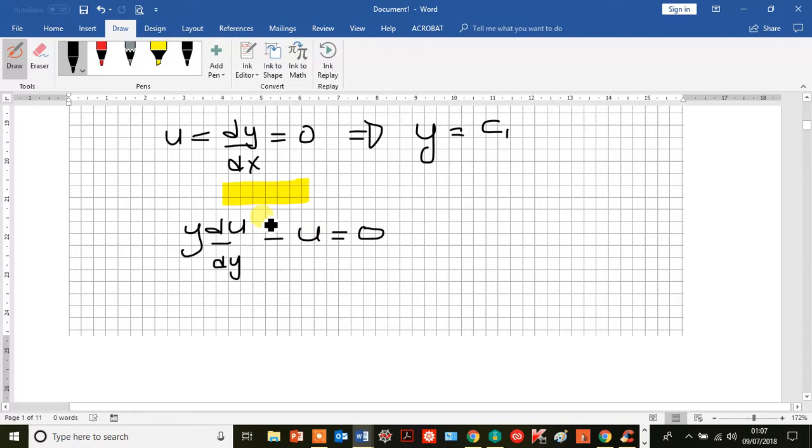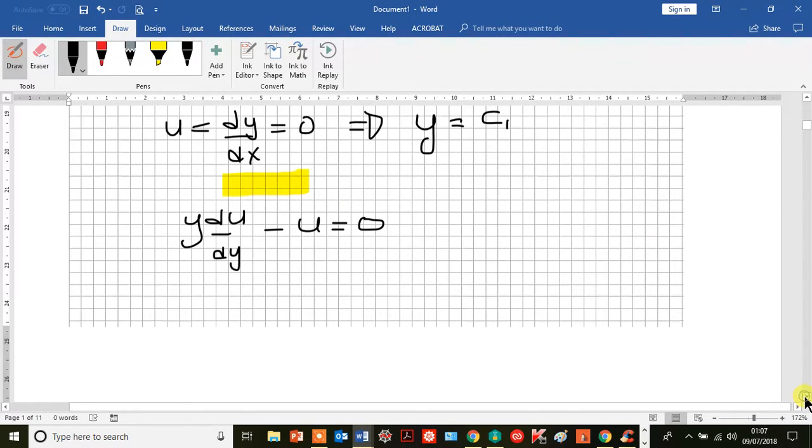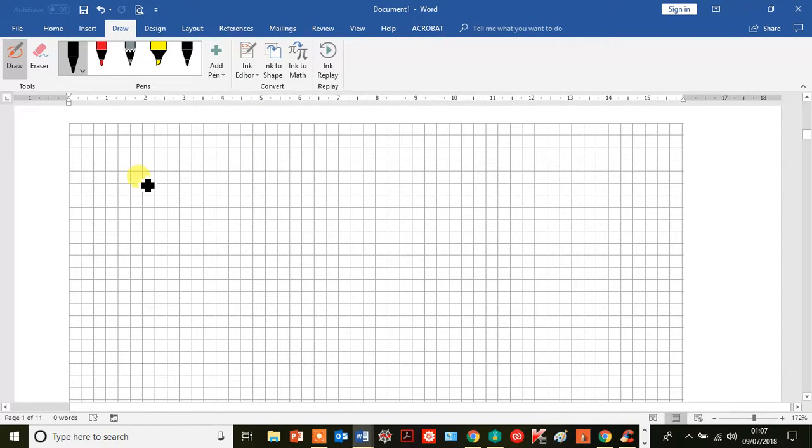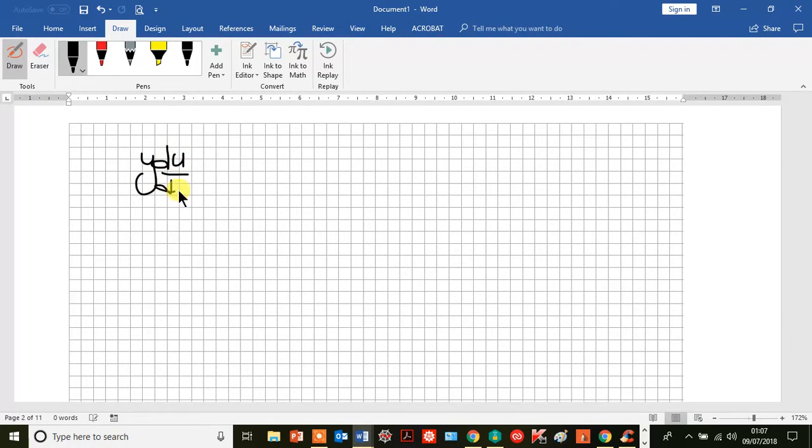And now we've got a differential equation that is linear and much easier to solve. And I'm just going on to the next page. So I'll write this down again. y du by dy. Well, actually, I'm going to take the u to the other side. So it was y du by dy minus u equals 0.